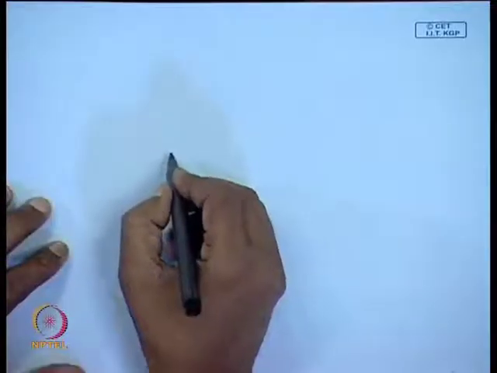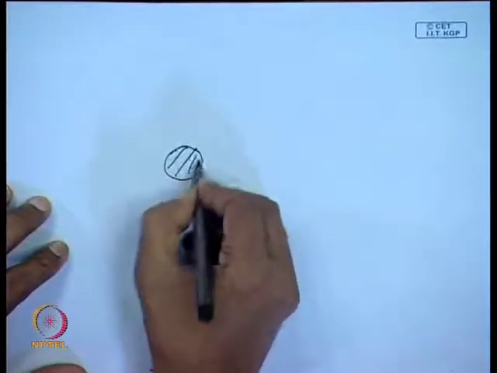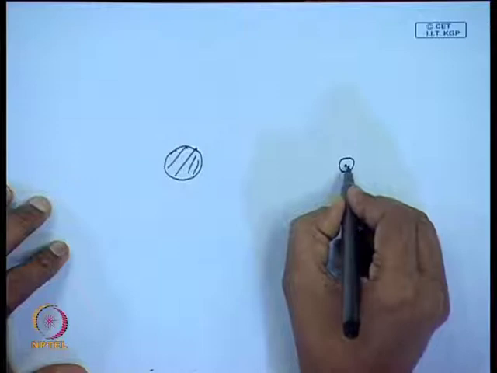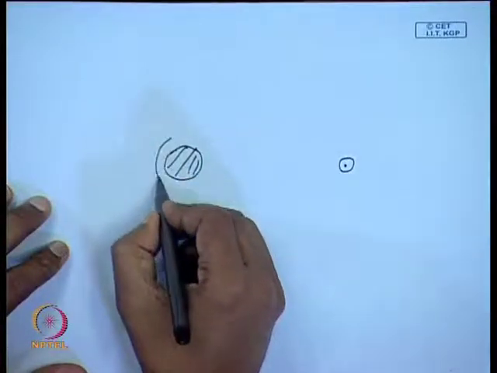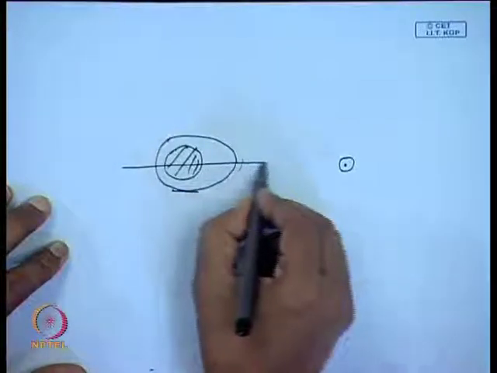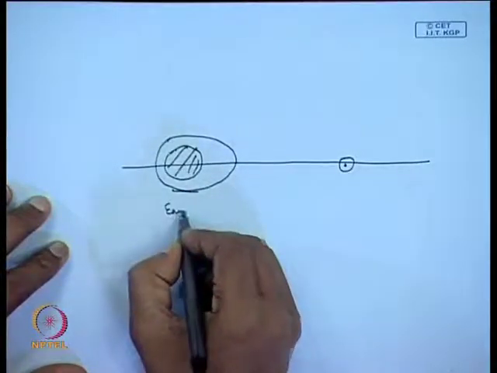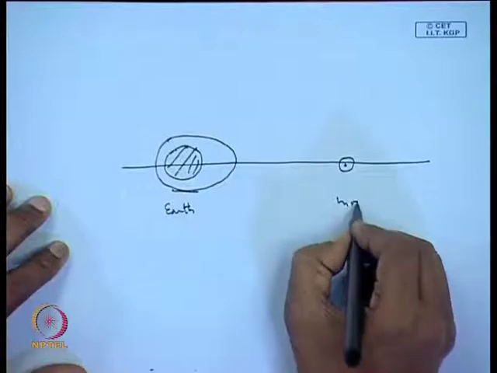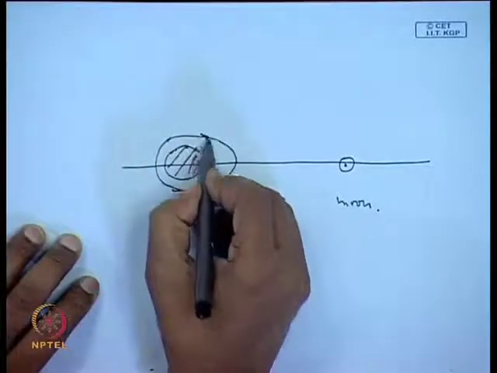Now we can show it here. Say this is the earth and here is the moon. The satellite you have launched is moving in this orbit.